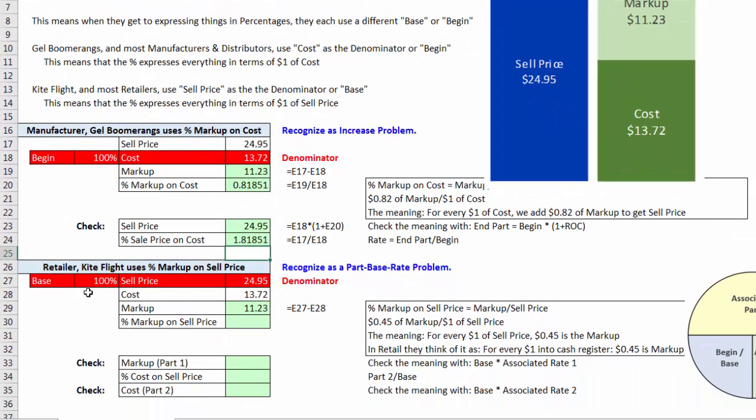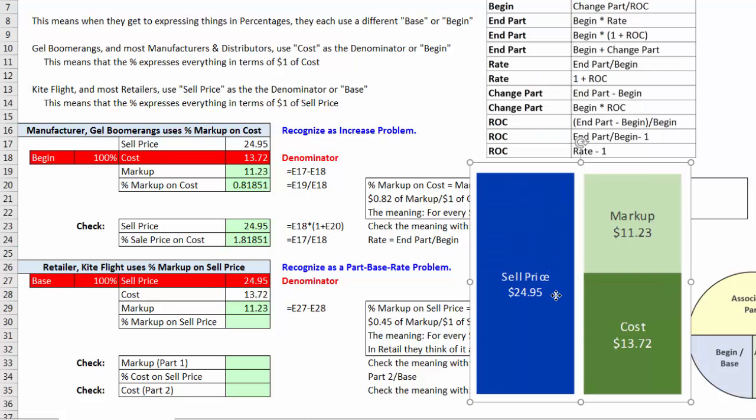Now let's do a similar calculation from the retailer side. Kite Flight uses percentage markup on sell price. And we'll use this diagram again here. Well, this is the big part. We're going to compare markup. So equals the markup. That's the same numerator we used on the cost side, but now we're going to divide it by a different denominator.